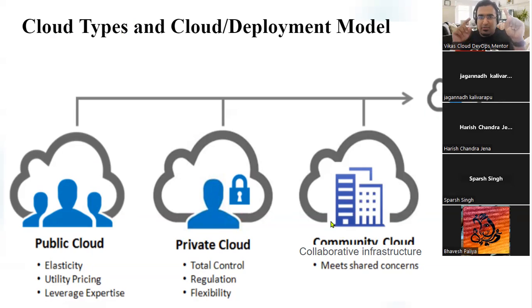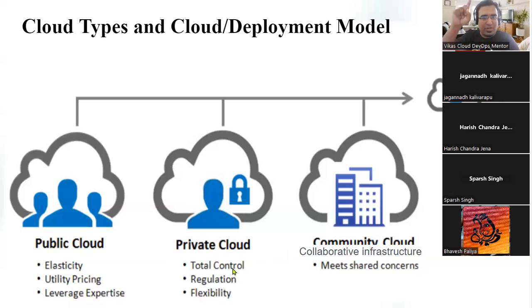Guys, keep in mind, whatever cloud we are creating and using in real time is called a private cloud. We have to use the private cloud. 99.9% of people, companies, technologies, or organizations are using or creating it, because we have full control, full regulation, and full flexibility. Full control means total control.